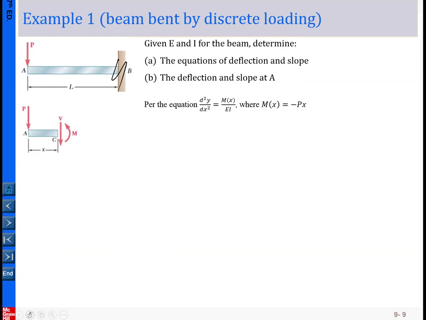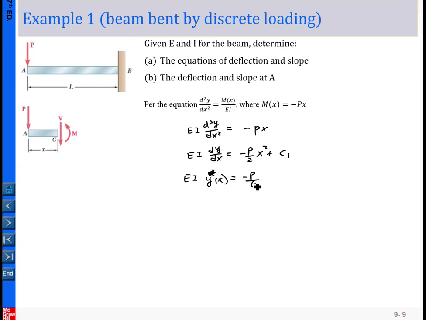Let's write this again. EI d squared y over dx squared equals minus px, and EI dy/dx equals minus P over 2 x squared plus C1, and EI y of x equals minus P x cubed over 6 plus C1 x plus C2.